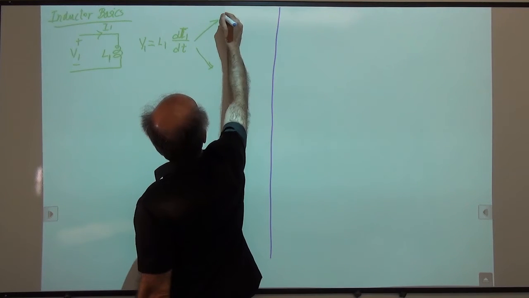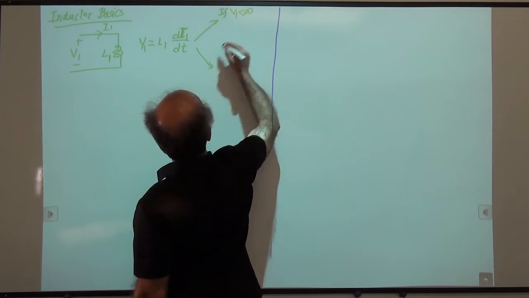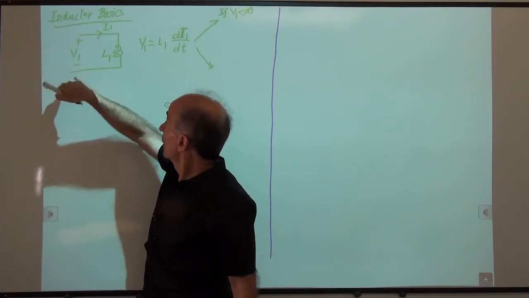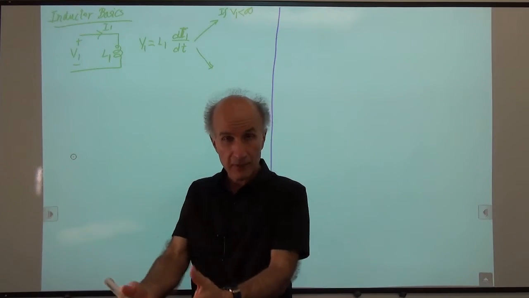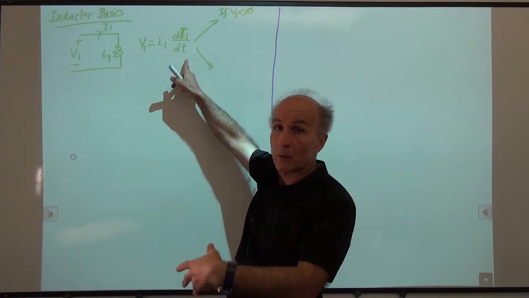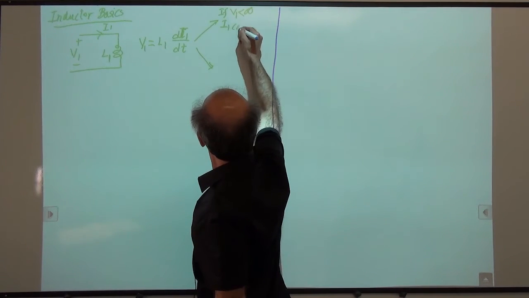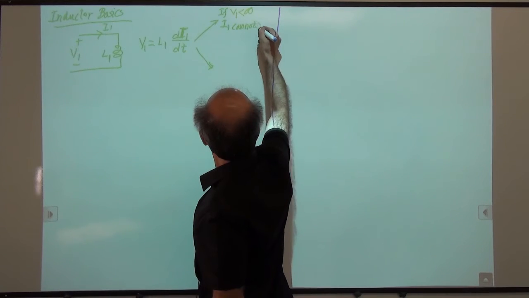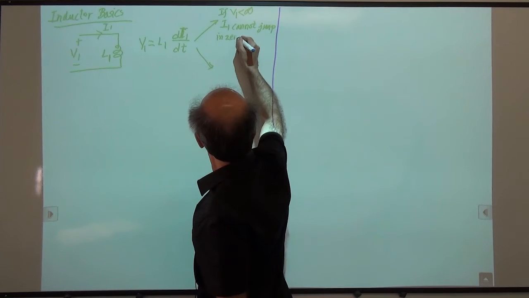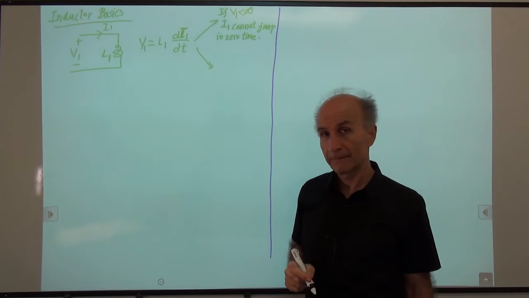So we say if V1 is less than infinity, right? So if the circuit containing this inductor cannot give it an infinite voltage, then this derivative cannot be infinite. This means that I1 cannot jump in 0 time, meaning it cannot jump instantaneously.